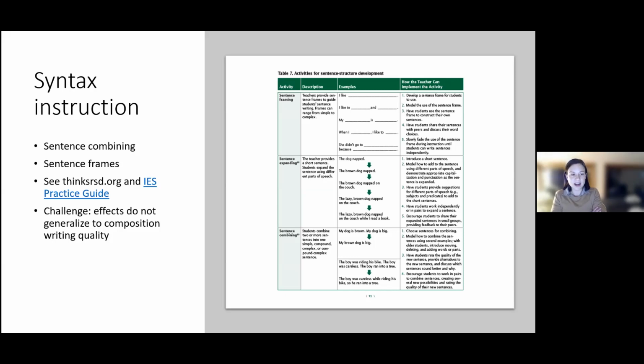And the IES practice guide led by Steve Graham that you can find on the IES website has some materials on how to do that. thinksrsd.org also has a section about this sentence combining. You can go download those materials for free there as well. And so this is helping students put together meaning within sentences, figure out what different clauses mean, and put them together.